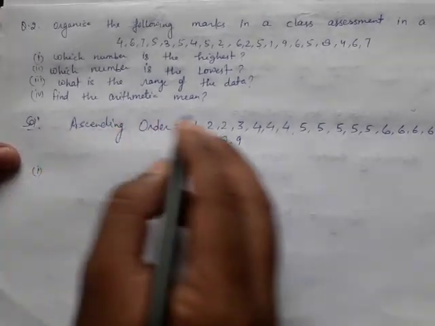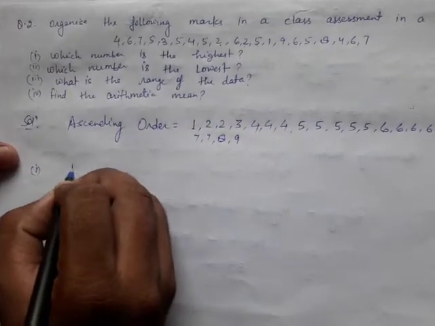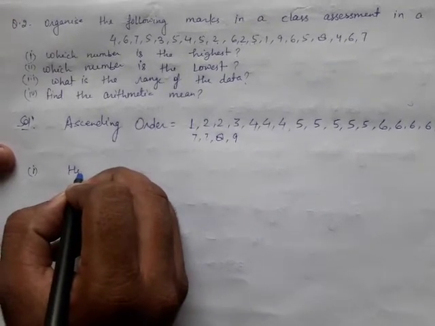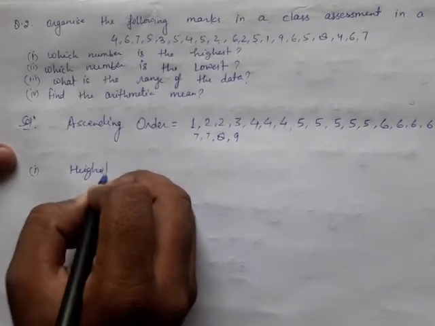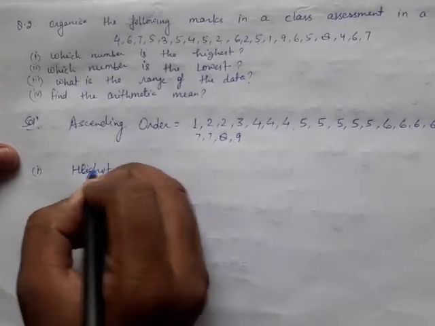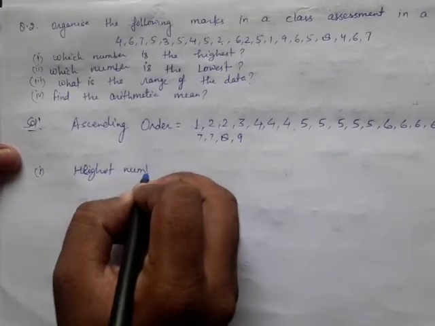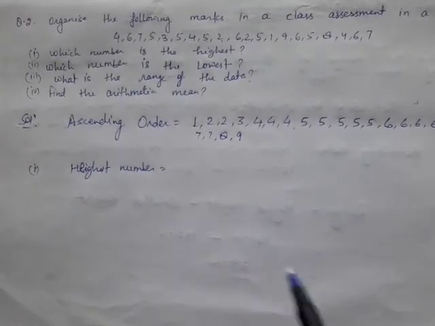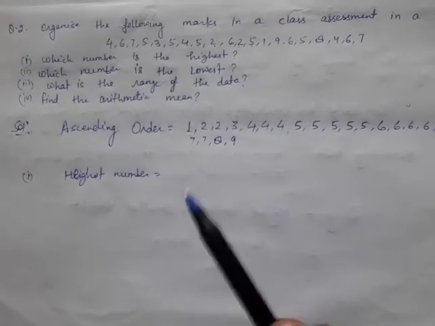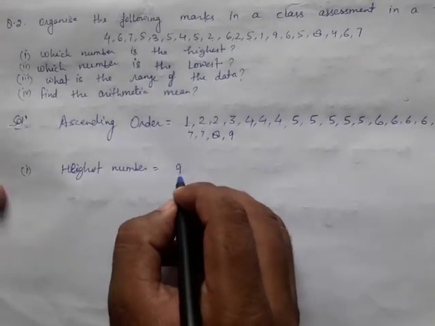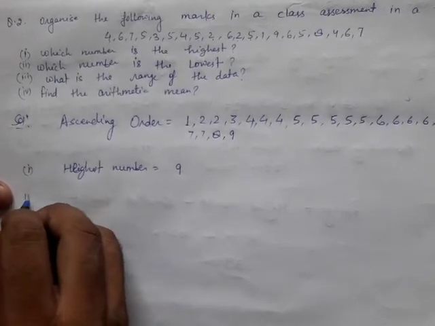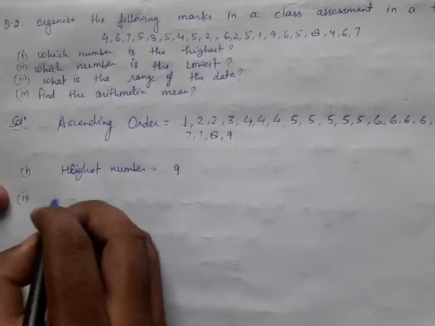First question, which number is the highest? The highest number is 9. Second one, which number is the lowest?